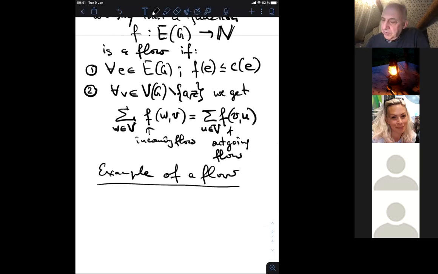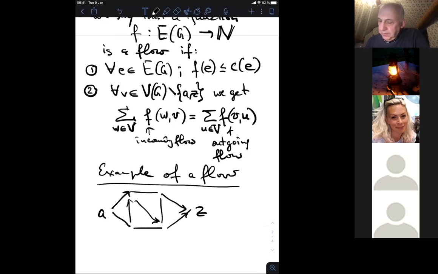In the graph we had before, the graph looked like this, but I'll put different numbers on the edges, which would be smaller than the capacities of the edges, and they will satisfy this balancing condition at all vertices except for the sink and the source.